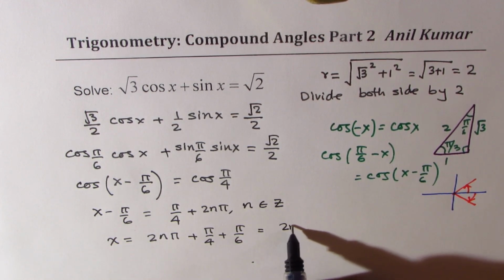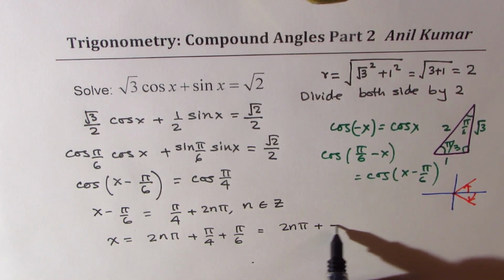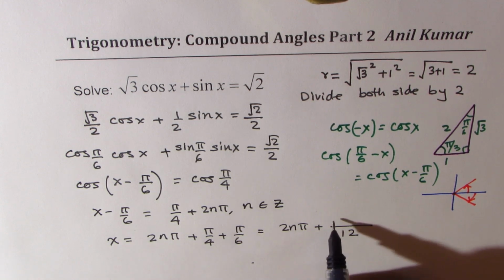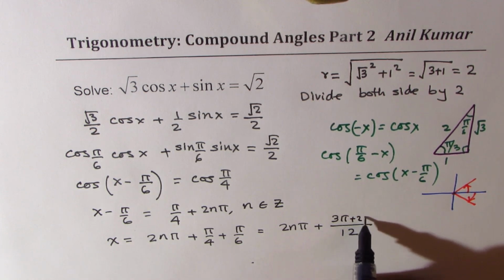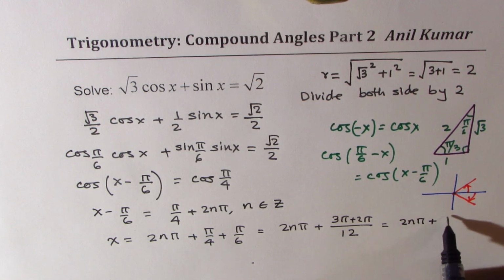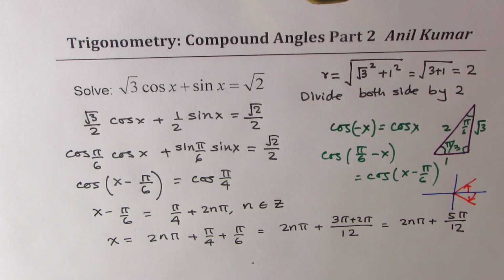That gives you 2n pi plus, 12 is the common denominator, right? And what we get here is 3 pi plus 2 pi, which gives you 2n pi plus 5 pi by 12 as the solution. So that is how you could solve this equation.